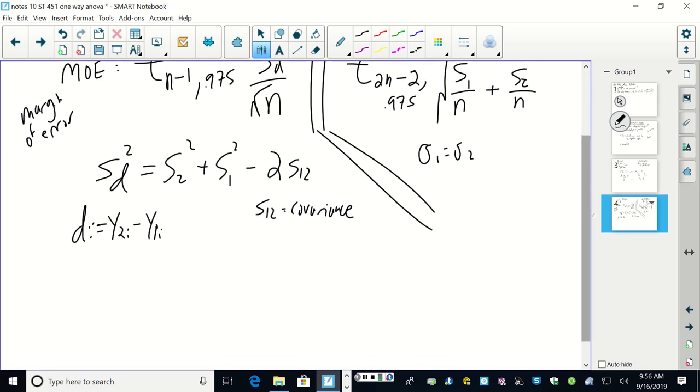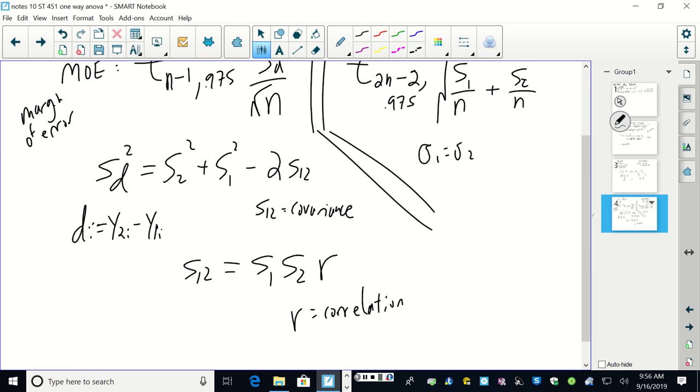One different way to write this covariance: the covariance can be calculated as the first standard deviation times the second standard deviation times a correlation, where R is a correlation between these things. So these standard deviations are here, and the thing that's different in this equation is that covariance.